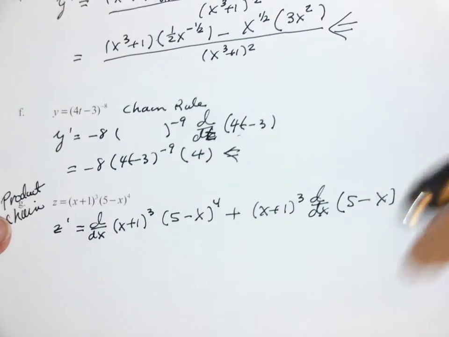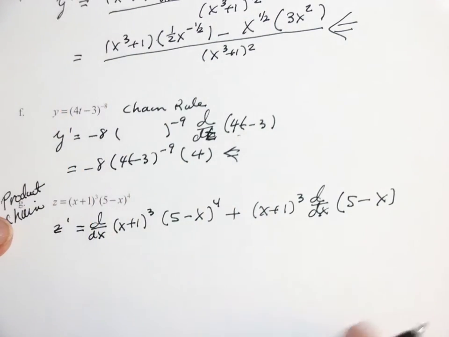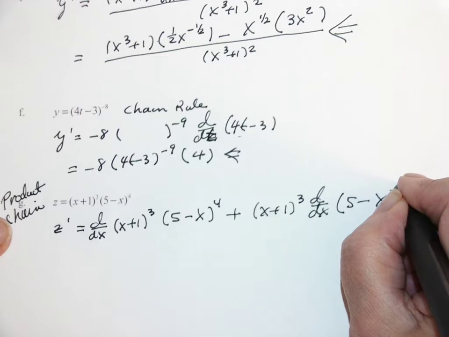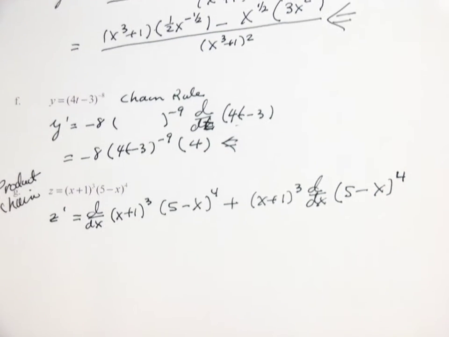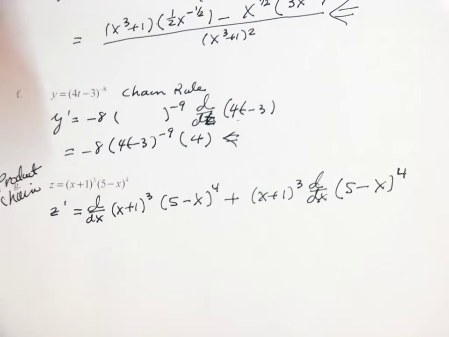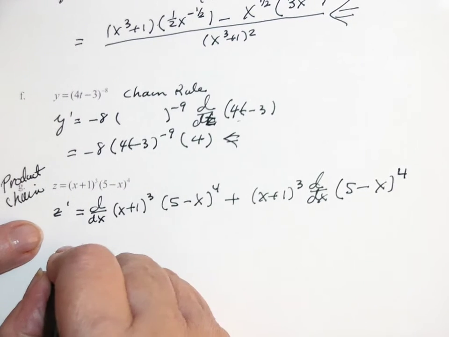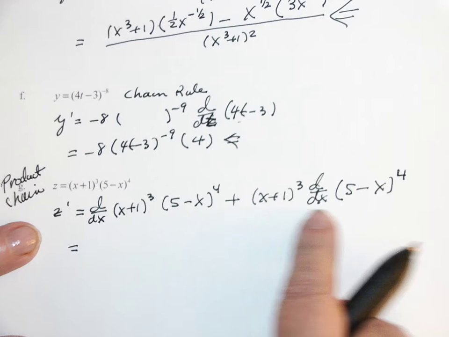Well, you can see I already made a mistake. No, I'm okay. 5 minus x to the 4th. I saw this x plus 1 in it. Thought I wrote that down, and I didn't. So, chain rule. So that's product rule.